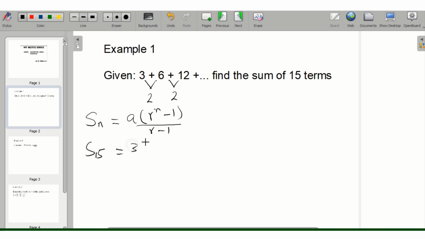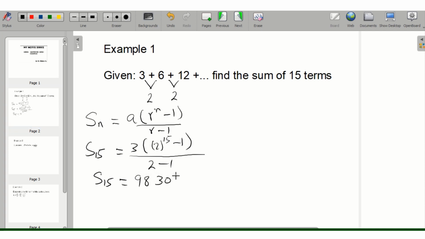The first term is 3. r is 2, to the power 15 minus 1, all over 2 minus 1. So the sum of 15 is going to be 98,301.